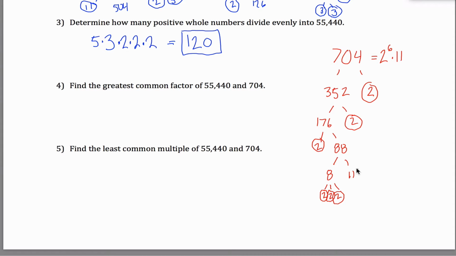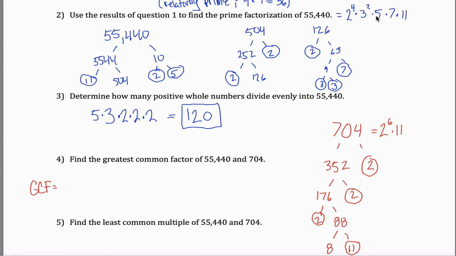So now if I want to figure out the greatest common factor of these two numbers, what I have to do is look at their prime factorizations, which I have written here and here, and take each of the different prime numbers and write the smaller of the exponents. I have a 2 here and a 2 here. The smaller of the exponents is a 4.